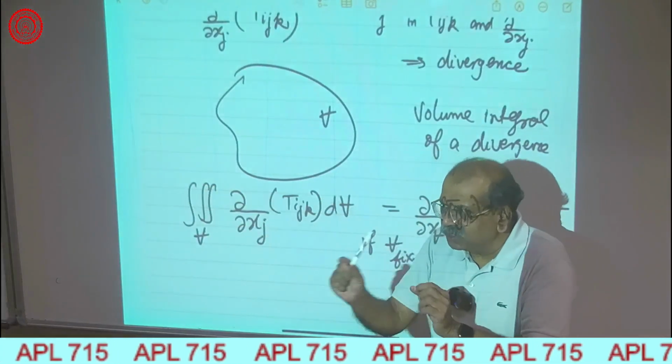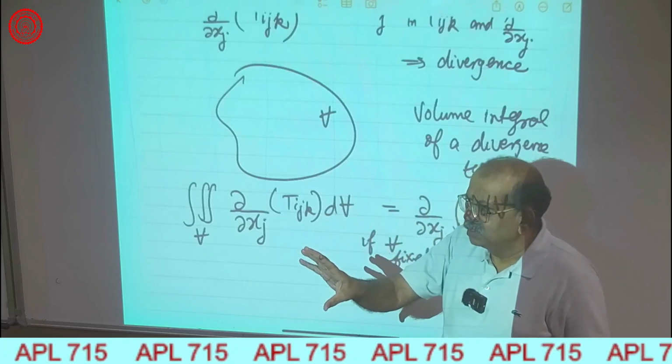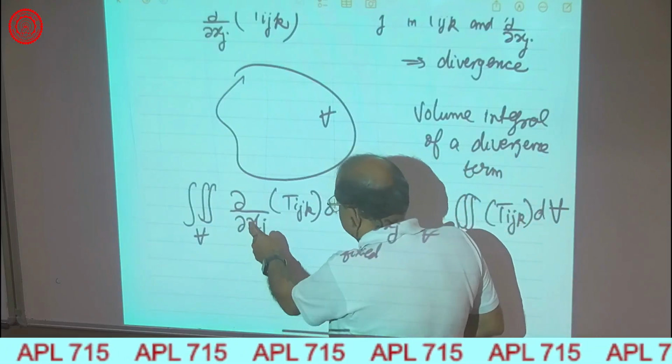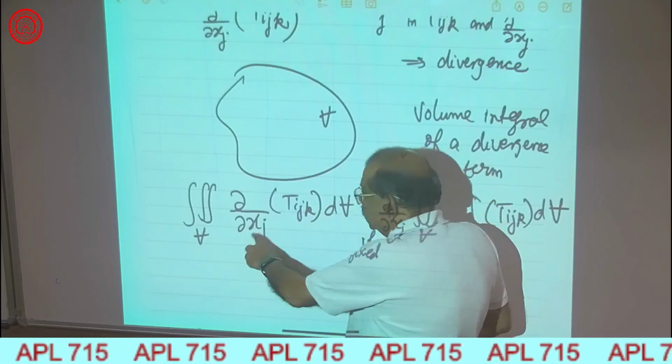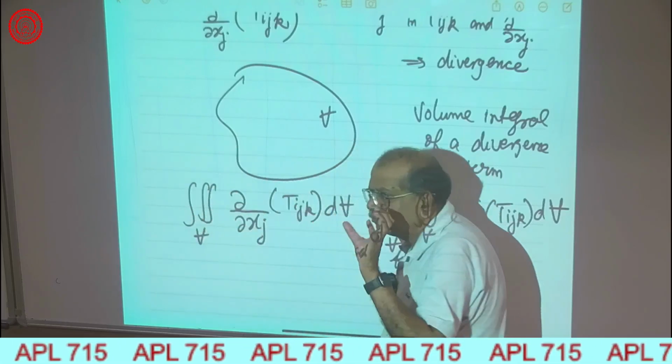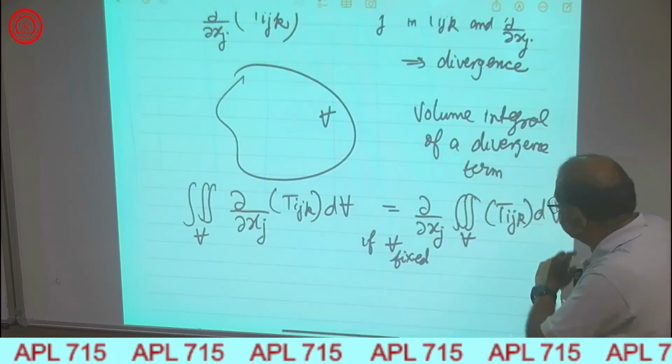That means the volume which I am choosing is a fixed volume. Then because this integral is on volume, I can pull it out if the volume is fixed. So I get it in this form.